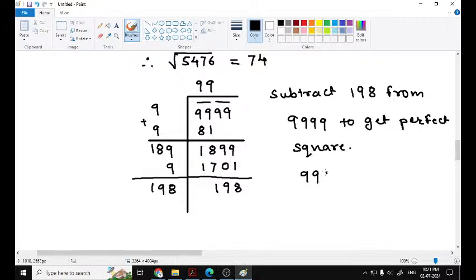So 9999 minus 198 gives you 9801, and the square root of this number is our quotient, that is 99.